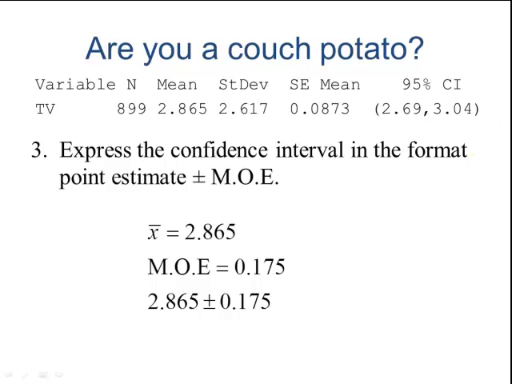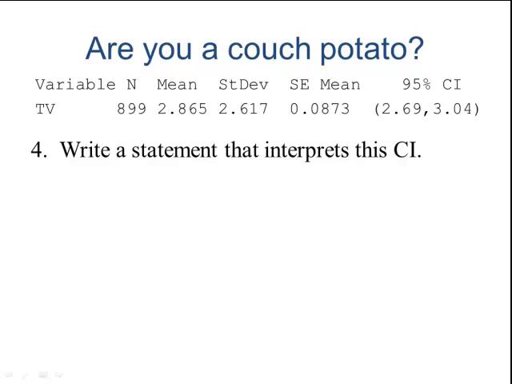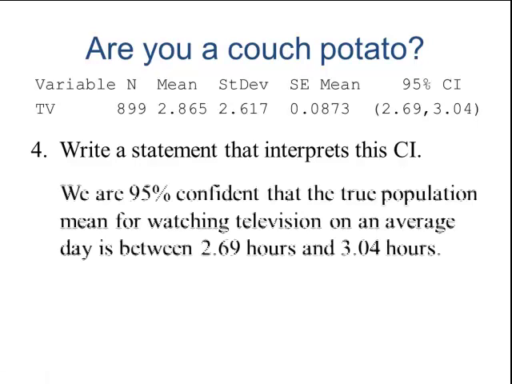So to express this confidence interval as point estimate plus or minus margin of error would look like this. Number 4, write a statement that interprets this confidence interval. We are 95% confident that the true population mean for watching television on an average day is between 2.69 hours and 3.04 hours.